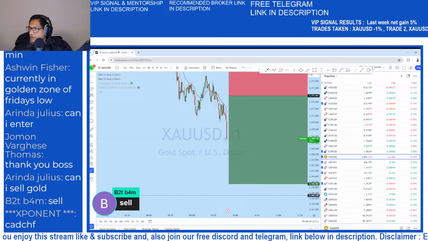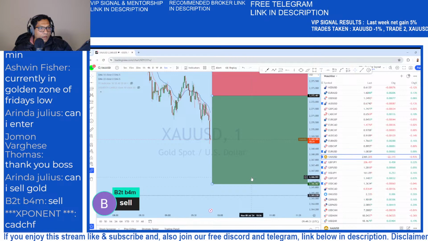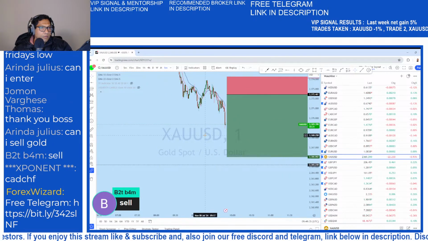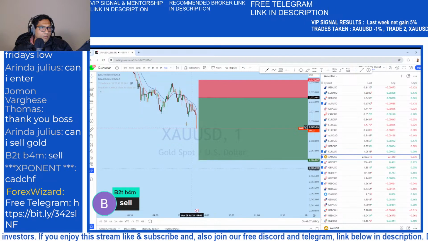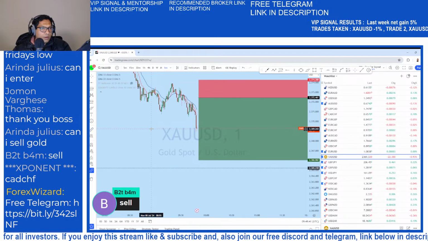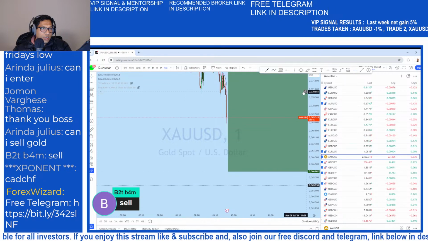Nearly above 2%. $32 pip, just nearly to 2%.